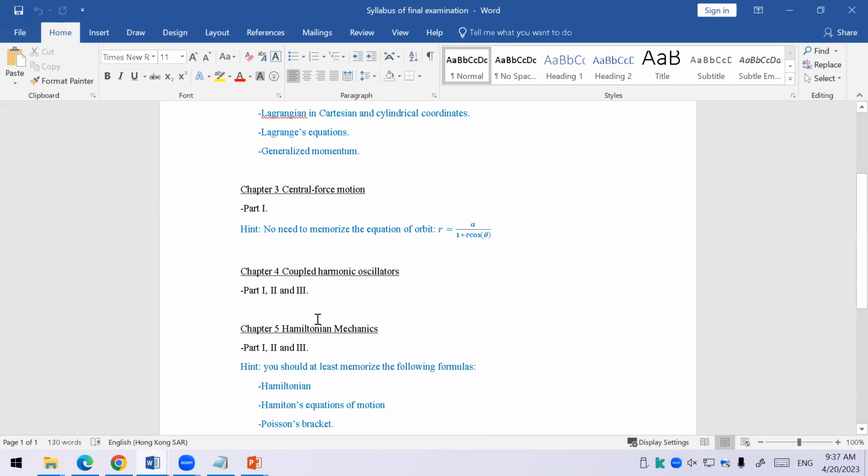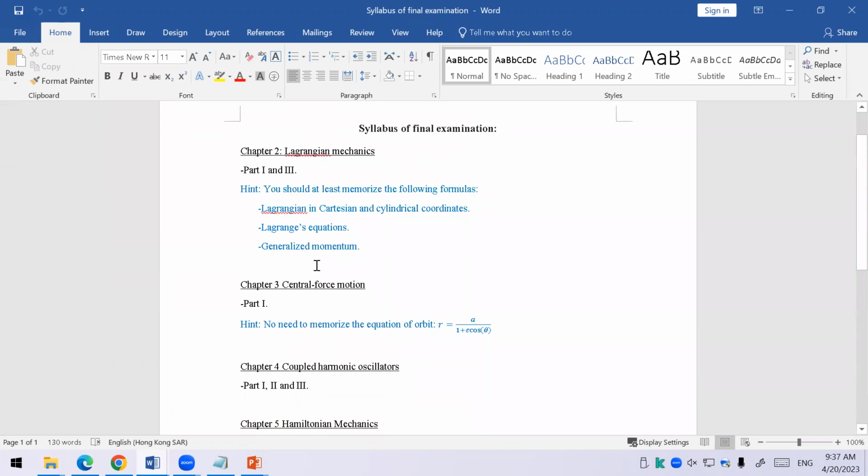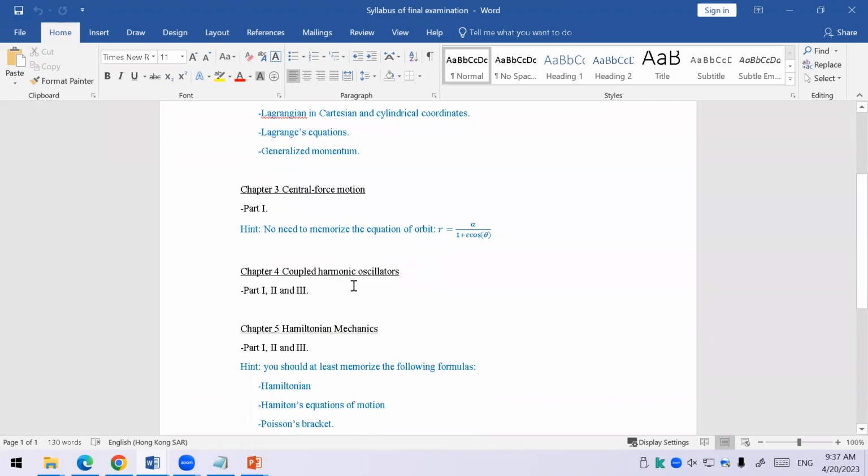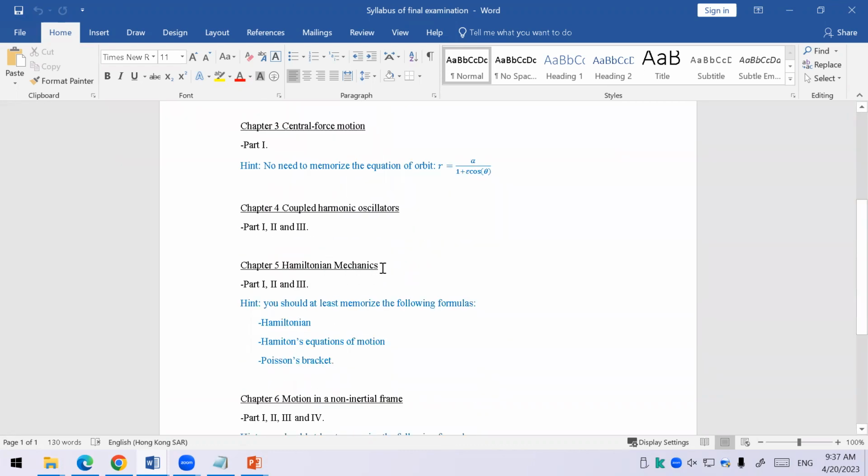And then chapter 5. Actually, chapter 2, chapter 3, and chapter 4 are something that you have been tested on in the midterm already, so at least you have experience. Chapter 5, Hamiltonian mechanics, was not tested in the midterm, and here I will test you on parts 1, 2, and 3.